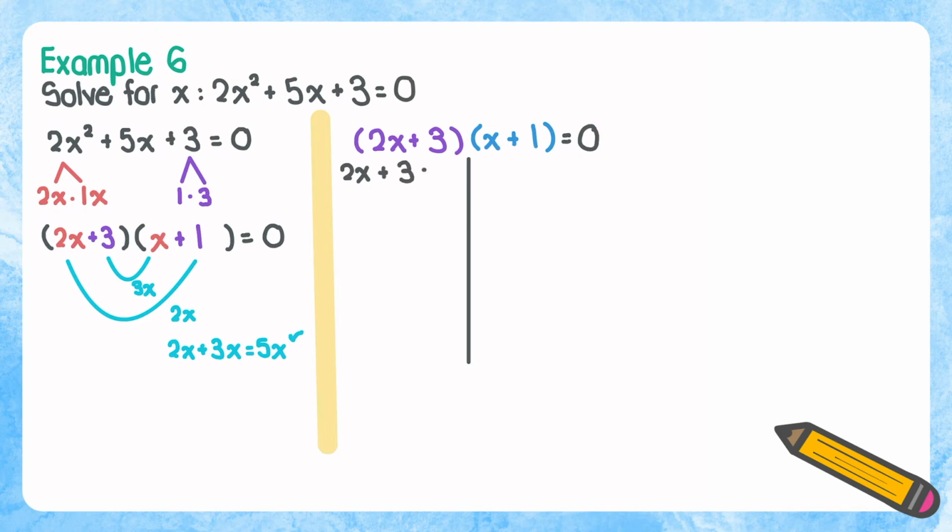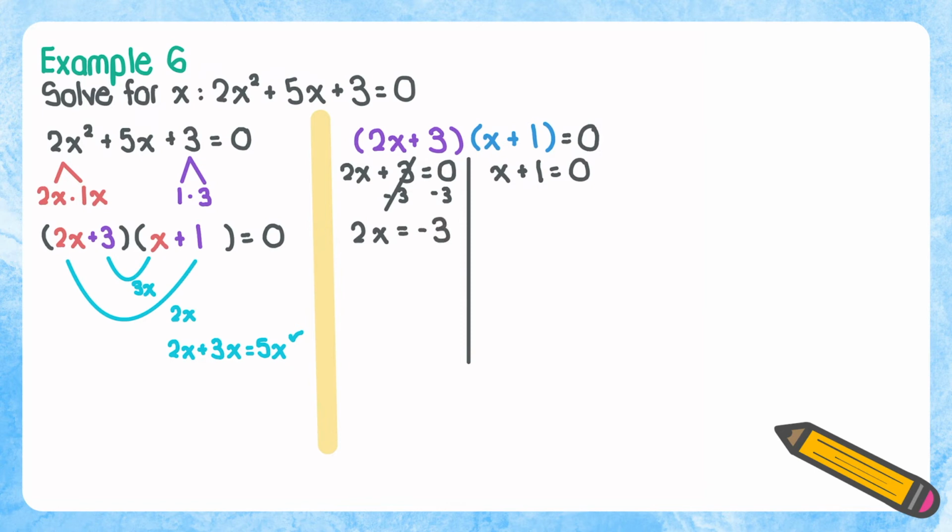So I have two options, either 2x plus 3 equals 0 or x plus 1 equals 0. Go ahead and pause here and try to solve for x on your own. For the 2x plus 3 equals 0, first I'm going to subtract 3 on both sides. That cancels out, and I'm left with 2x equals negative 3.